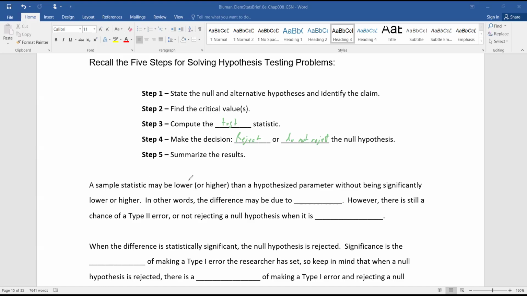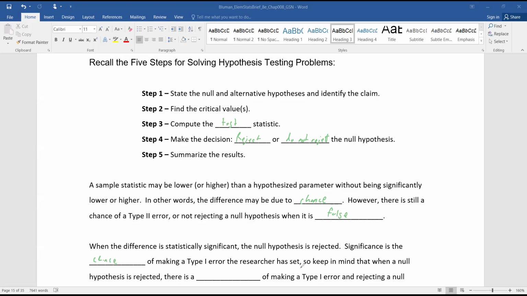A sample statistic may be lower or higher than a hypothesized parameter without being significantly lower or higher. In other words, the difference may be due to chance. However, there is still a chance of a type 2 error, or not rejecting a null hypothesis when it is false. When the difference is statistically significant, the null hypothesis is rejected, and the significance level is the chance of making a type 1 error that the researcher has set.